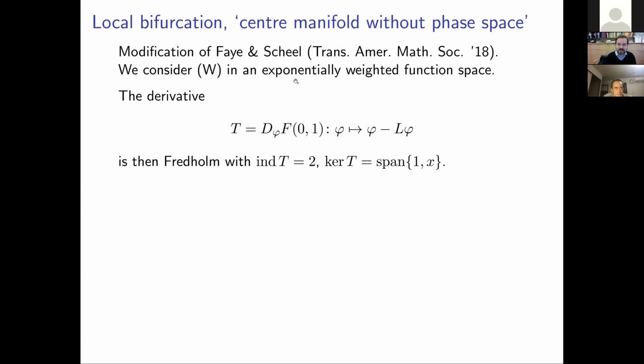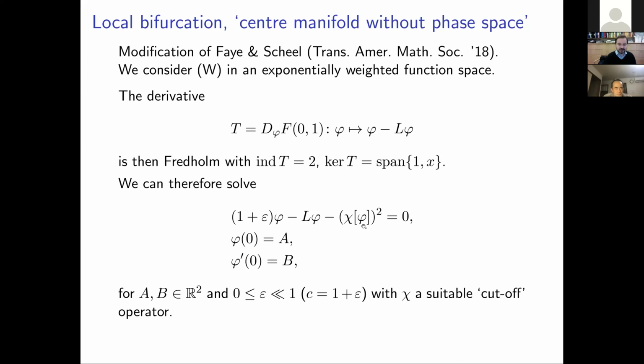That corresponds to the exponentially weighted function space that I mentioned. So what one has to do is to analyze the linearization in an exponentially weighted function space. If you do that, it turns out this is a Fredholm operator with index 2. It is surjective, but it has a kernel, and this kernel is spanned by the functions 1 and x. This is pretty easy to see. So you see, we allow some algebraic growth at infinity.